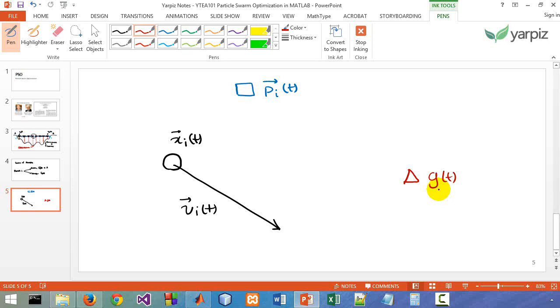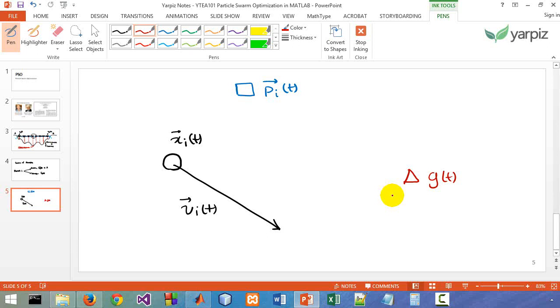It's a common swarm experience. It's a global best and global common experience among the members of the swarm. So we have a personal best for every particle, and we have a global best, which is the best experience of all particles in the swarm.